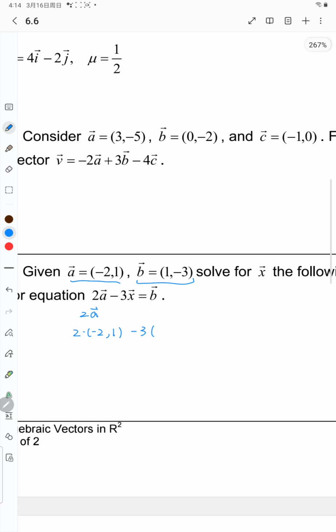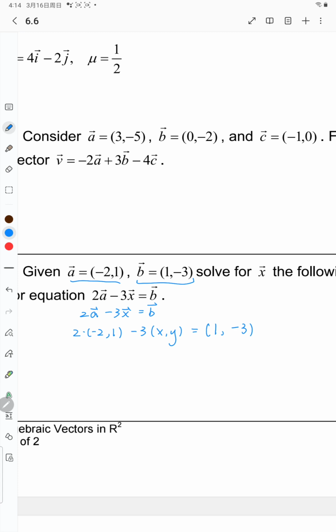And so I'm just going to write (3x, 3y). So this is our x vector, and we have the b vector. And so a and b we all know, we are just going to plug this in. Already plugging in the a here, and then plugging in the b here is (1, negative 3).